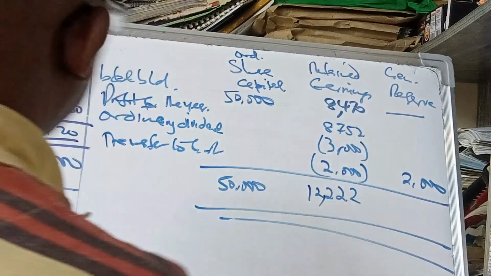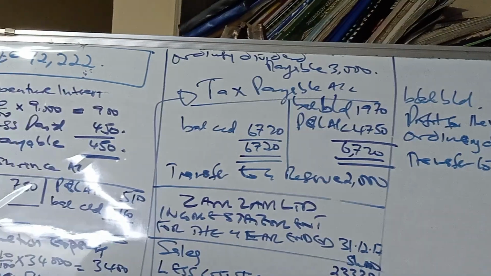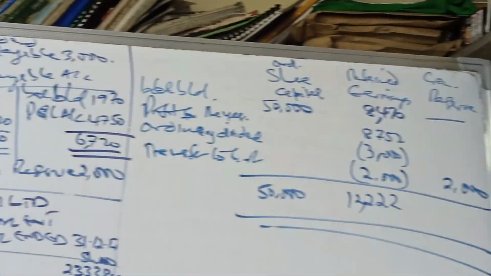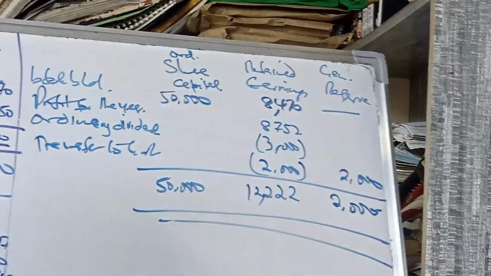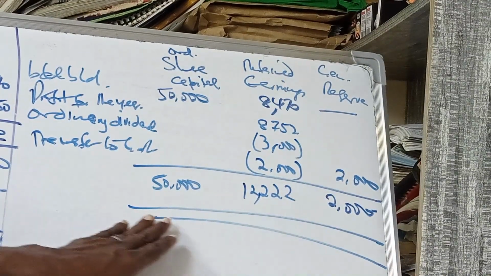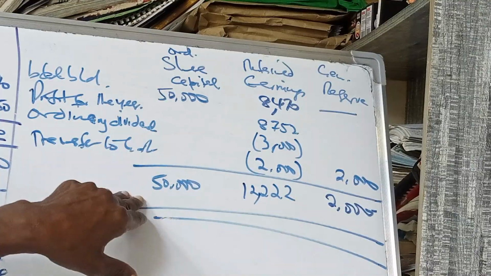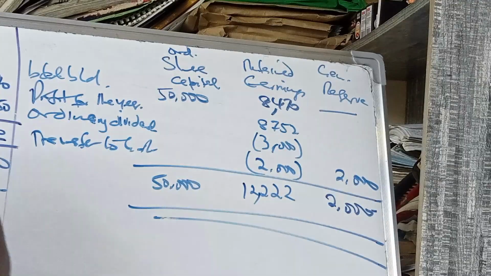Our retained earnings figure is 12,222. And then we say general reserve also will be 2,000. These are the balances that we show in the balance sheet as the shareholders' funds: ordinary share capital of 50,000, retained earnings of 12,222, and general reserve of 2,000.